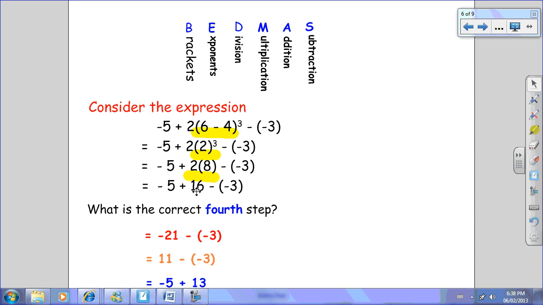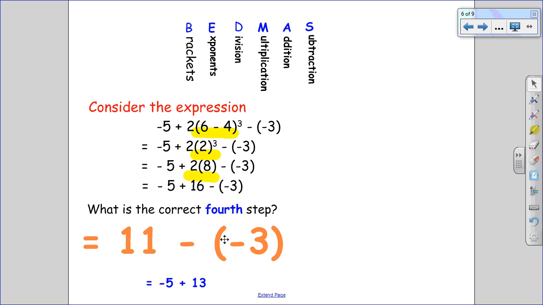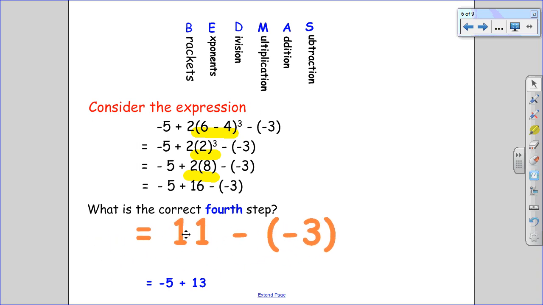I have more positives than negatives, and they have different signs. This one's not going to cut it. -5 plus 16, I have 11 more positives than negatives. I would say this one's going to be the right answer because it just did the 11 more positives than negatives and it left the subtract -3. That one's not going to work.